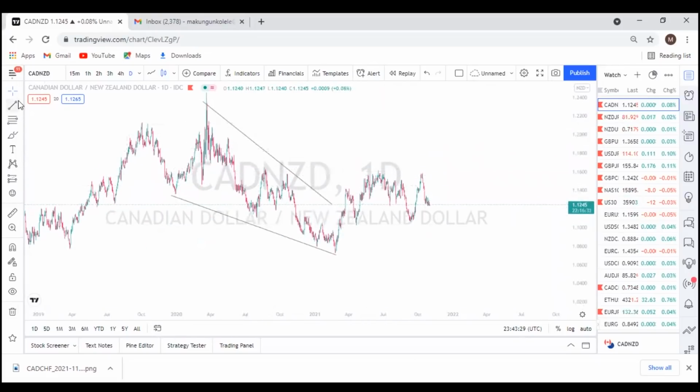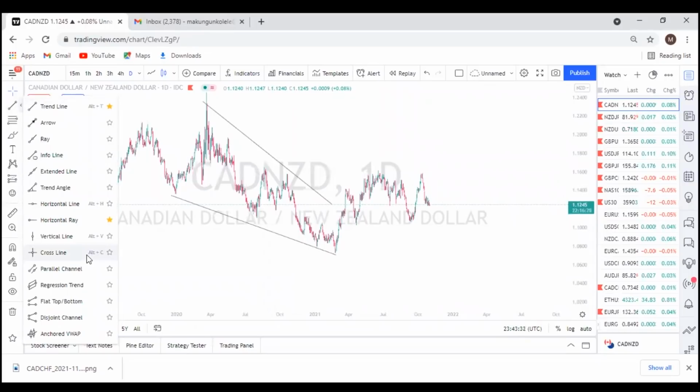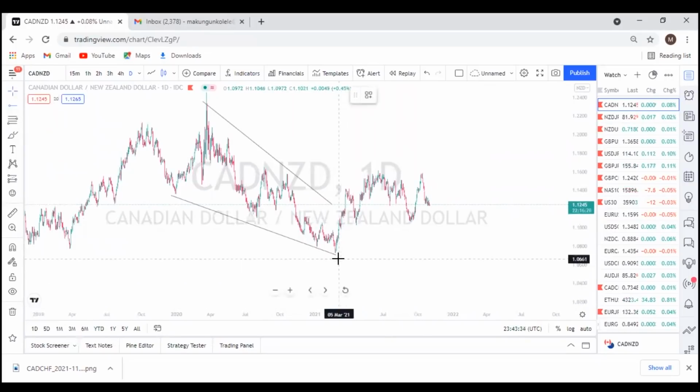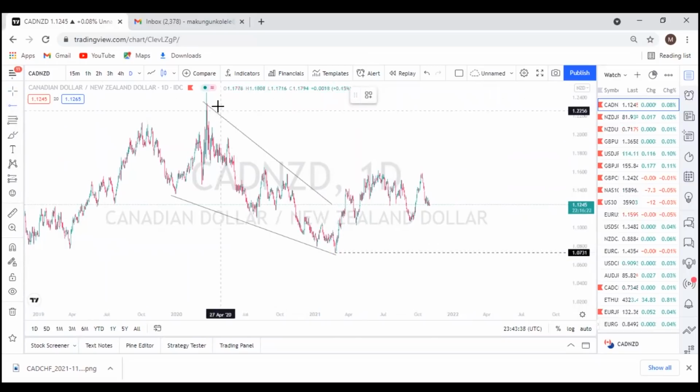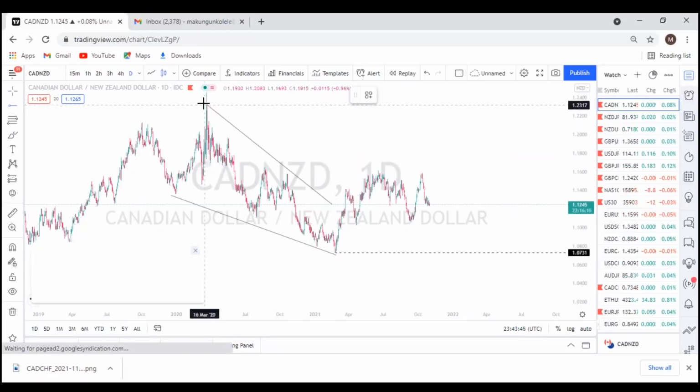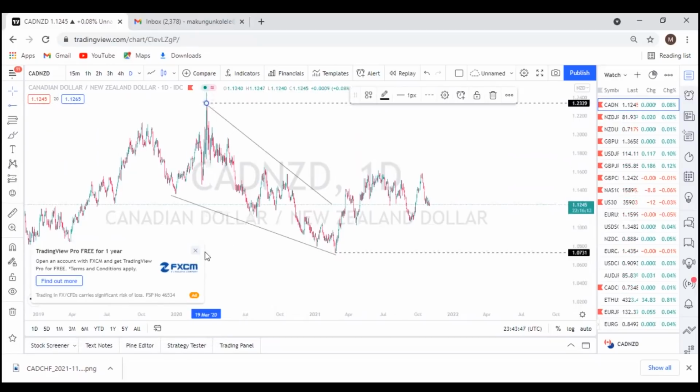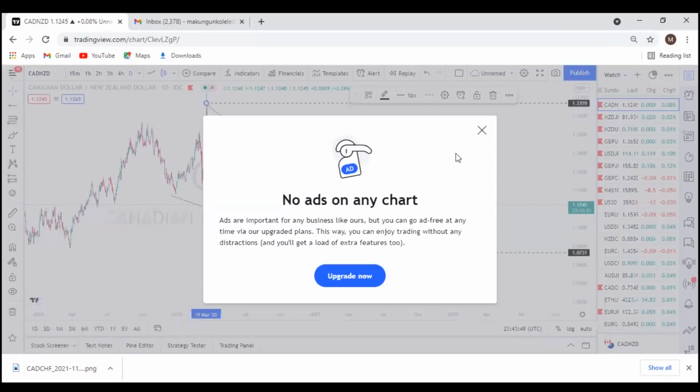Right after spotting our structure, we can go ahead and draw our levels or zones, the significant ones only. So we're just gonna get the support or the lowest low and the highest low, which is the resistance, just like that.